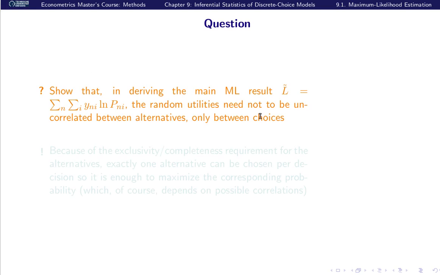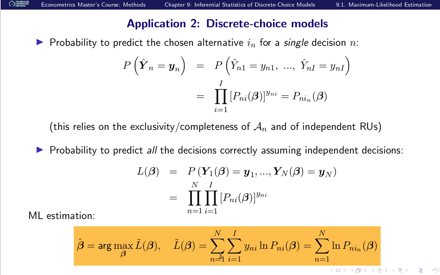So we show that in deriving this main maximum likelihood result, the random utilities need not be uncorrelated between alternatives, only between choices. That can be seen first: it's only uncorrelated between choices. That means the outer product can be written in this way. And for the inner sum or product, we know that only one value is positive.